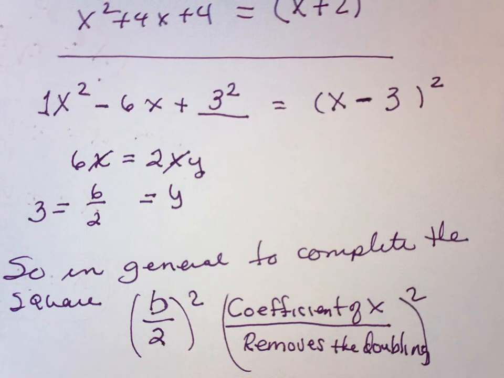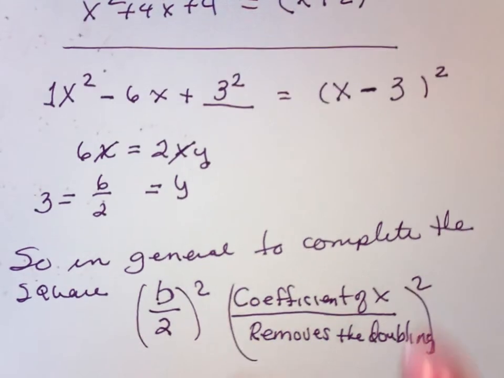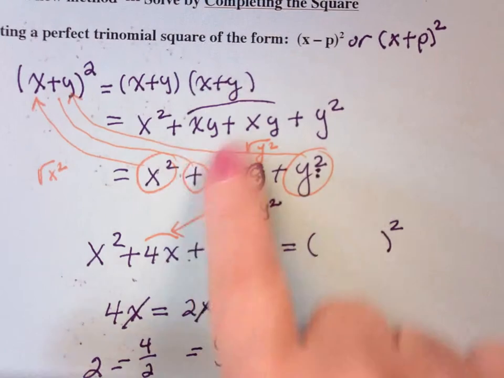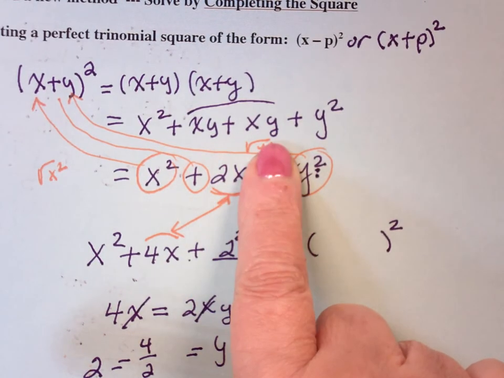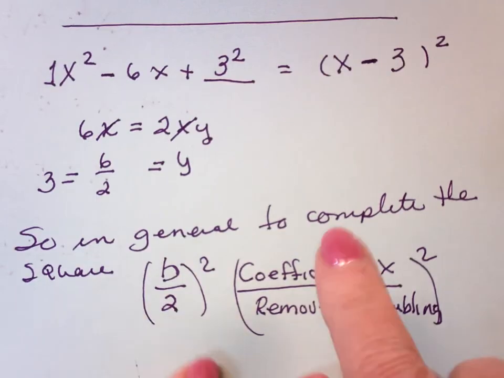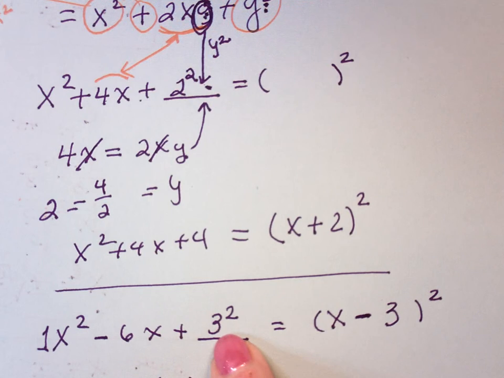You take the center coefficient, because it's double what it needs to be, because you have the 2 xy's, so you got double what you need. So you take the coefficient of b, divide it by 2, that removes the doubling, and square it, and that's the term that goes right here.